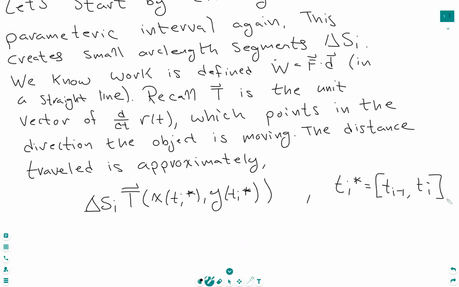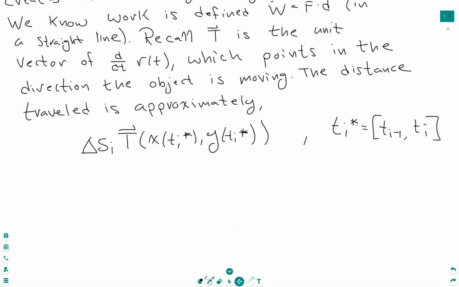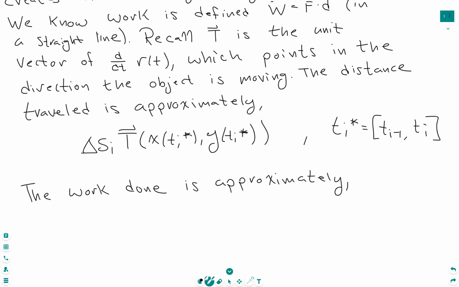So the work done on that small segment is F at this evaluation point dotted with the distance vector that we just said was approximately the length of that segment times the direction that we're traveling in.